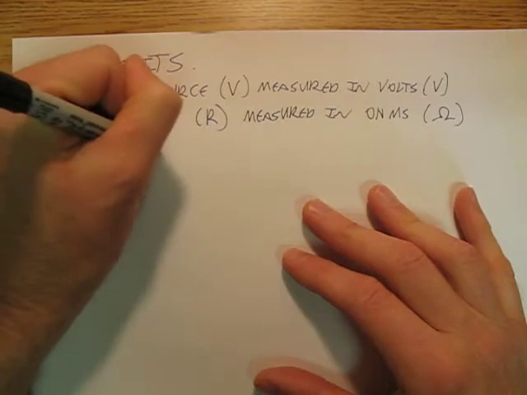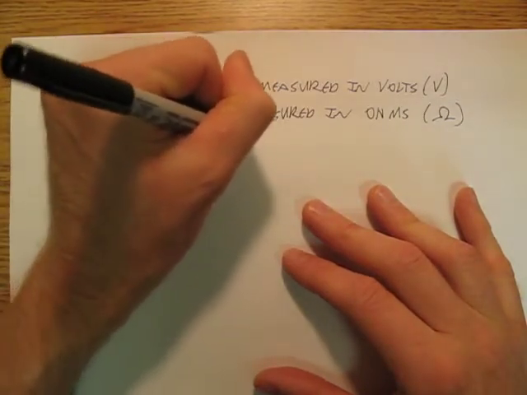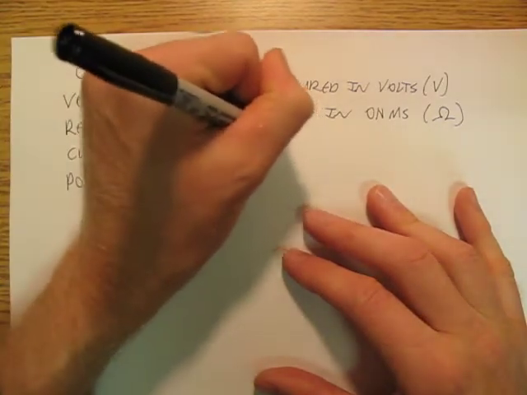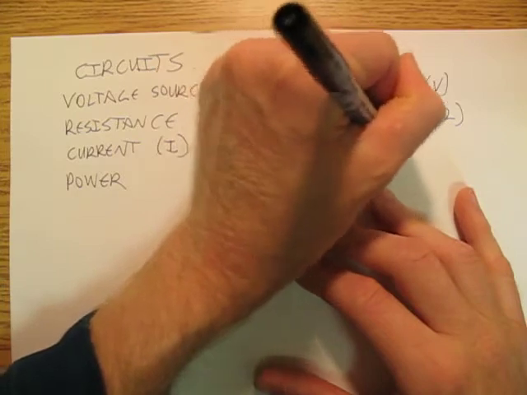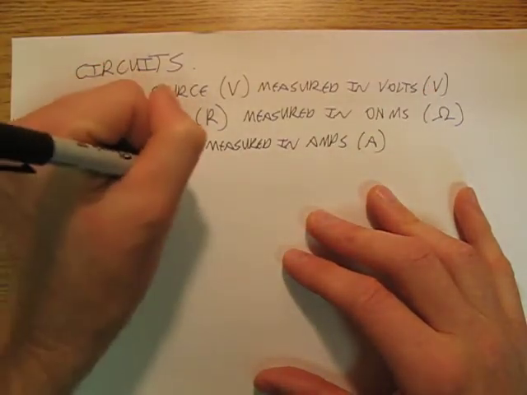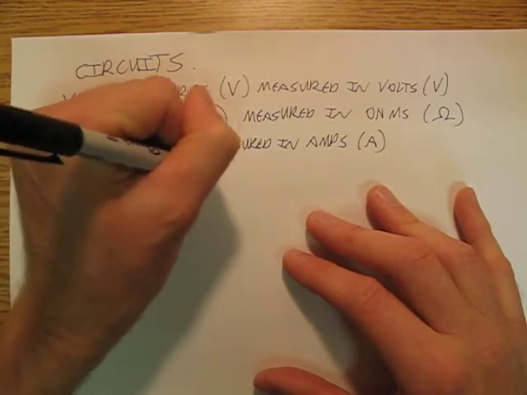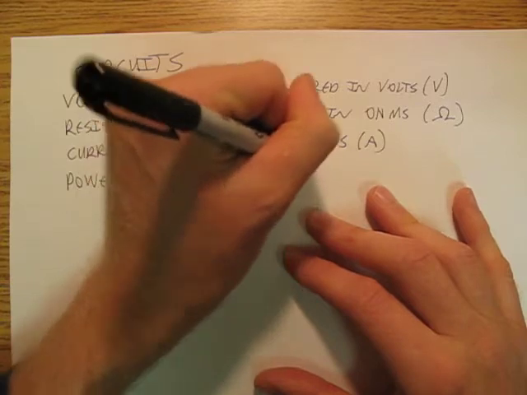Our current is going to be I, and that's going to be measured in amps. And our power is going to be P, and it's going to be measured in watts.